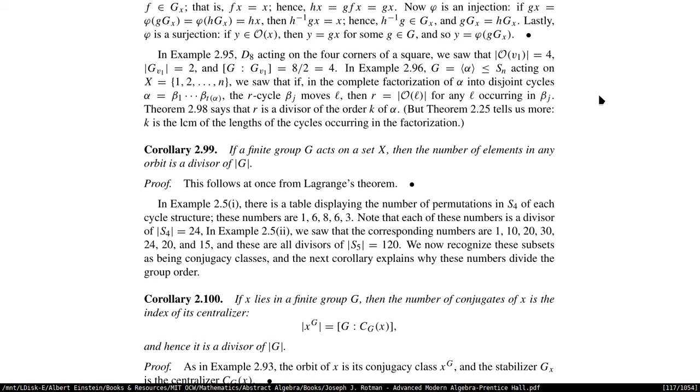So modding out by the normalizer seems like a bad thing, because then I'd be trying to argue that something in G was actually in N of P, and it's not. We're not trying to show that X is in N, but rather that it's equivalent to something in N. If we're using some kind of quotient group, I don't think we're going to be quotienting it out by N of P.